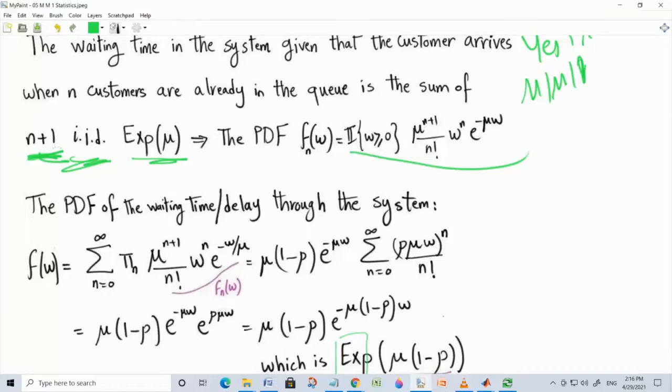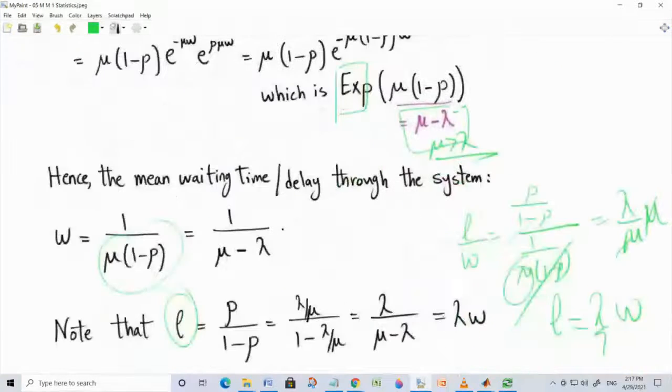Are we justified? That's the BASTA property, and it's not true once you start using general arrival processes, perhaps a renewal process with an inter-arrival time that is not exponential. But here the derivation is exact.